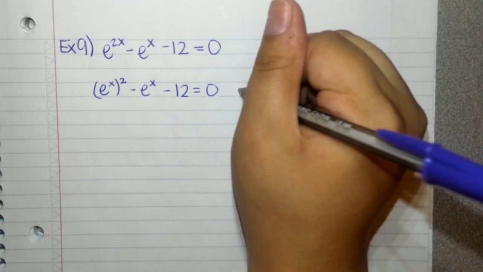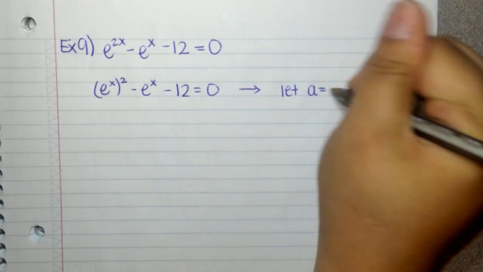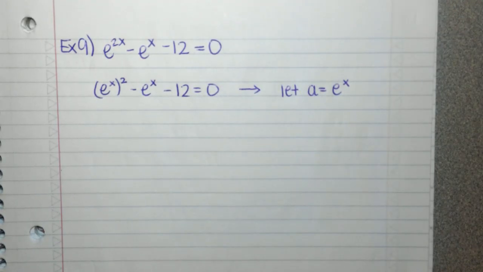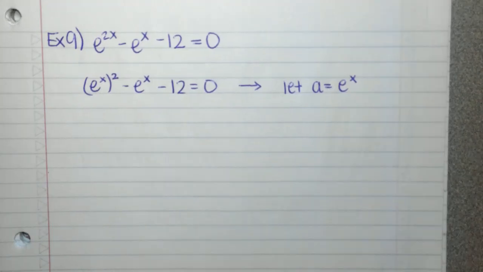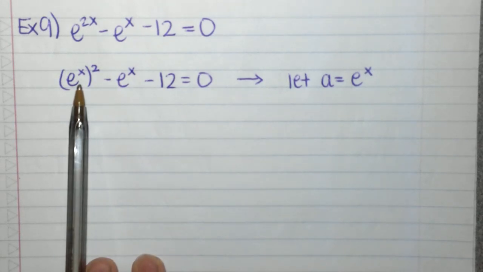Now, hold on. We're going to let a equal e to the x. Write that down. We're going to replace e to the x with a. I promise it's a lot easier than it looks. So now, instead of writing e to the x, what am I going to write?